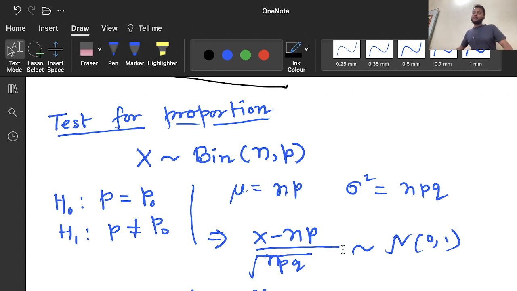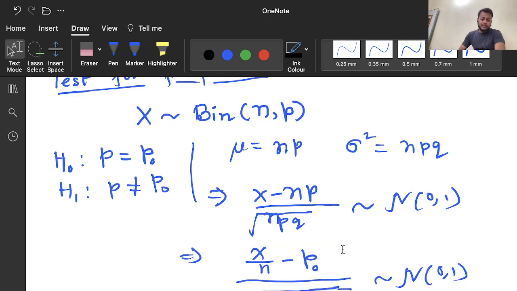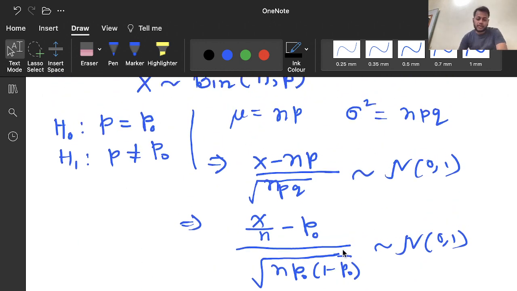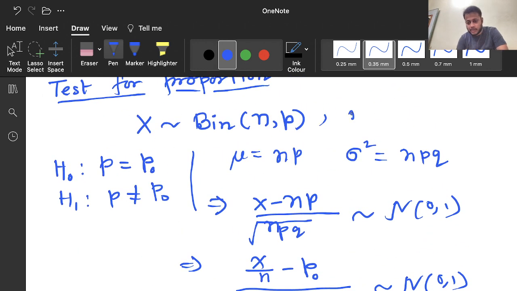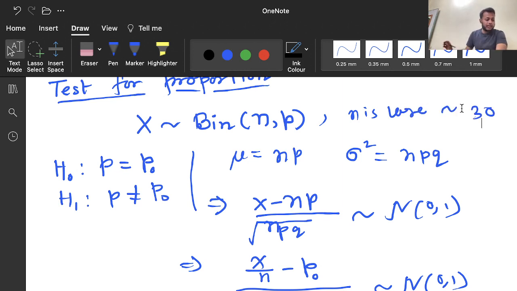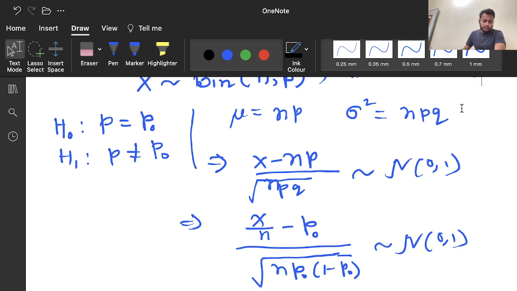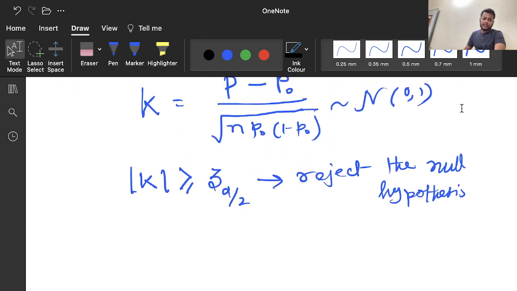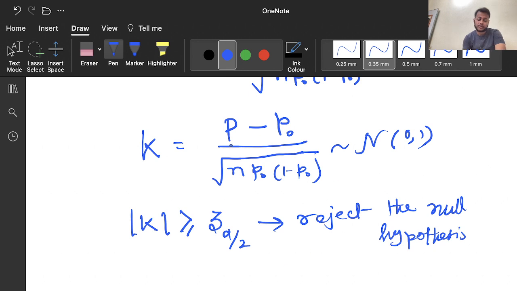Then what test will you do? That test is this: if n is large, greater than or equal to 30, and this test statistic p minus p0 is greater than z alpha by 2, we reject the null hypothesis.